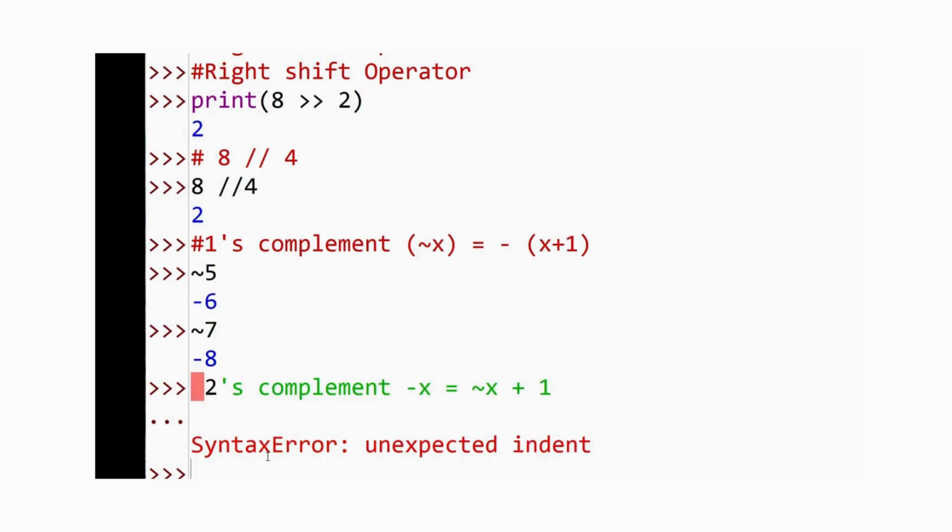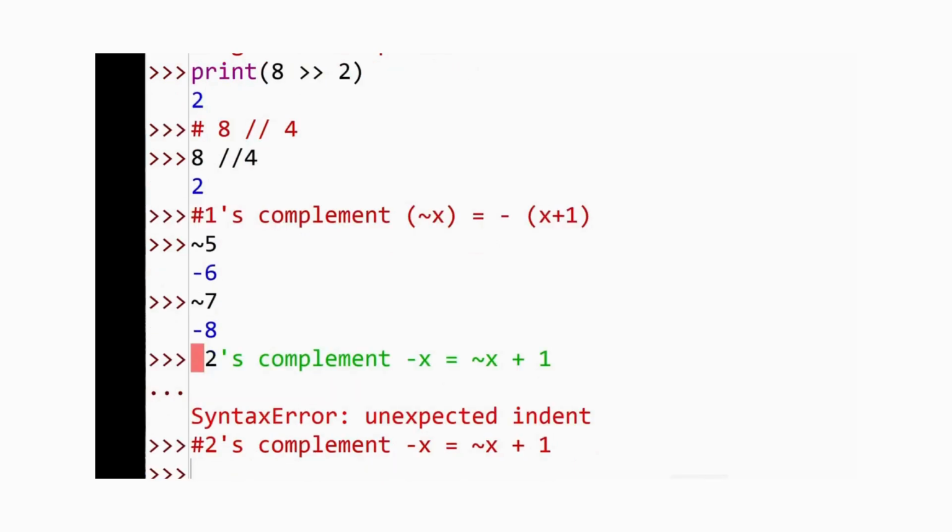Sorry, I should write it in a comment. So I am writing the comment here. This is the formula: minus x equal to tilde x plus 1. Okay, we will see.